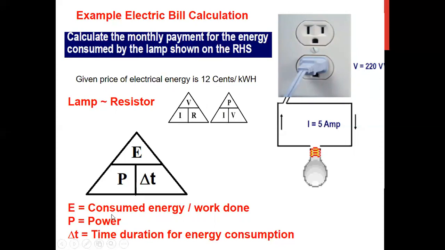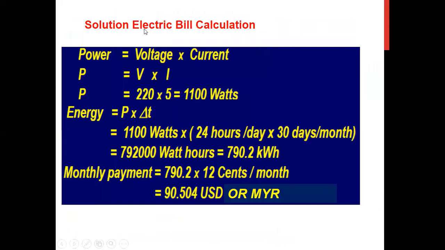The energy is in kilowatt hours, because P is in watts or kilowatts and time is in hours. So if the price is 12 cents per kilowatt hour, how much do we have to pay for the use of one light bulb in 1 month? Power equals voltage times current, VI.